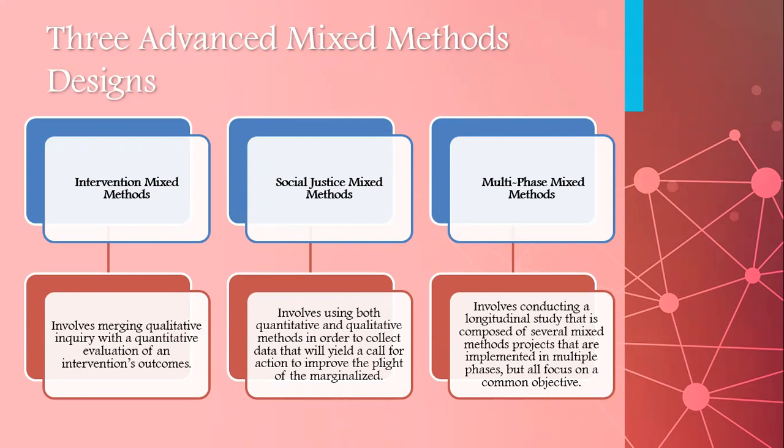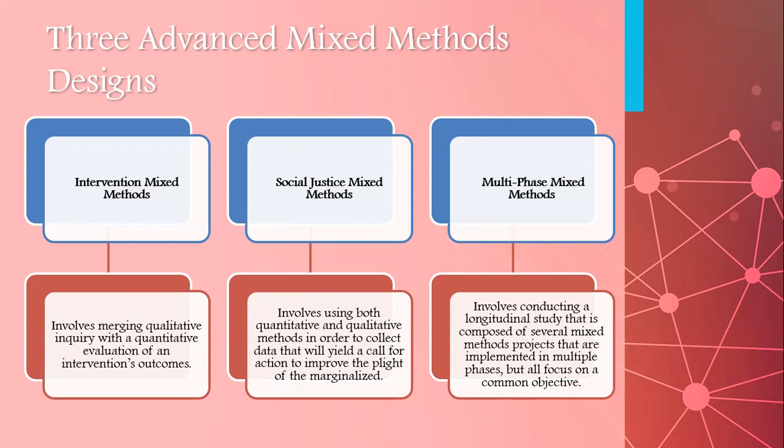So in other words, within this kind of approach, we have several mixed method studies that we are conducting simultaneously, and each of those studies can be at different phases of the mixed methods process, but all of them are a part of a larger research project. Even though they're separate mixed method studies that compose this larger research project, all of the studies within that project have a common objective. And so that's what a multi-phase mixed method study is.